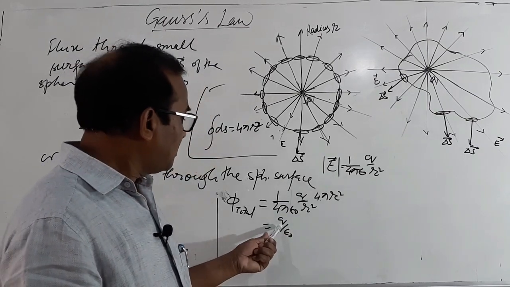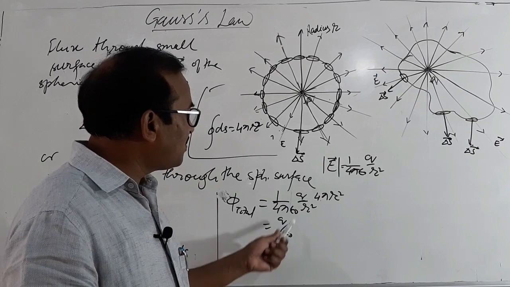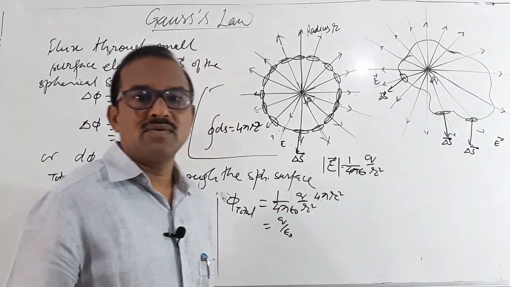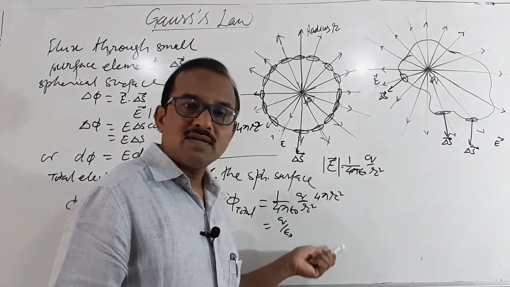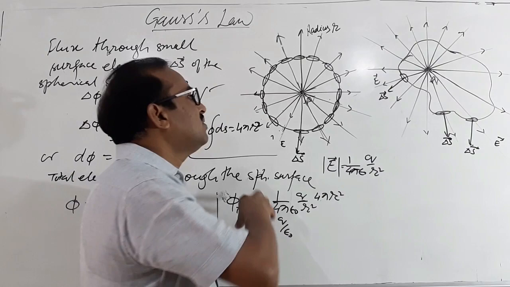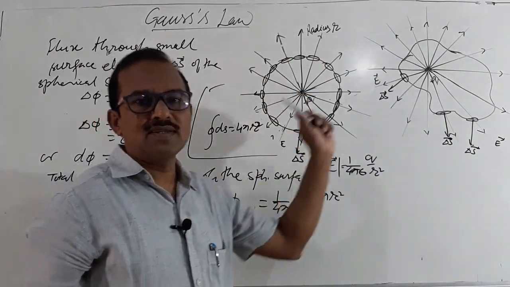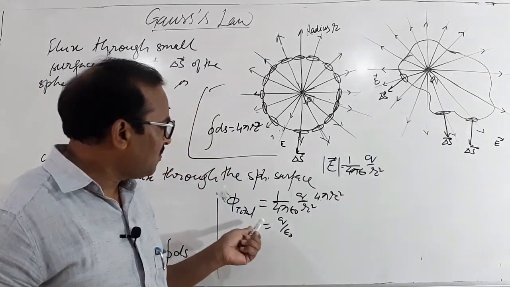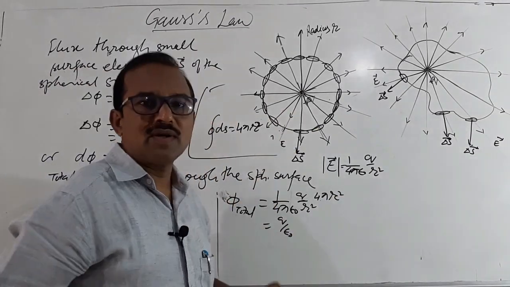So this total flux does not depend upon any shape, radius, size, length or breadth. It depends on Q only, the charge. If a charge is enclosed inside a closed surface, then the total flux through the surface will be Q upon epsilon naught.